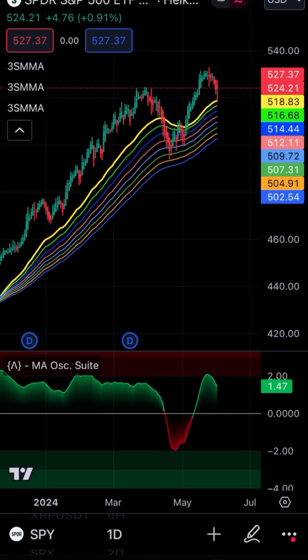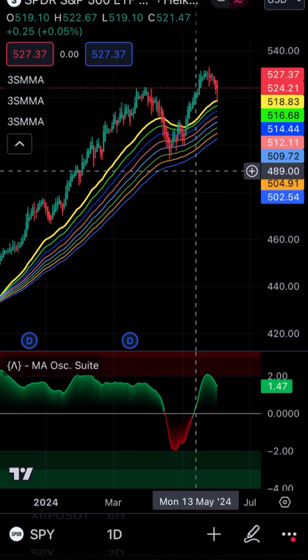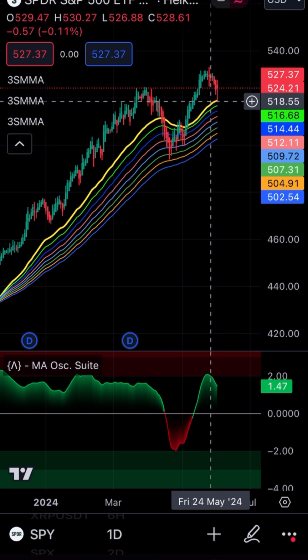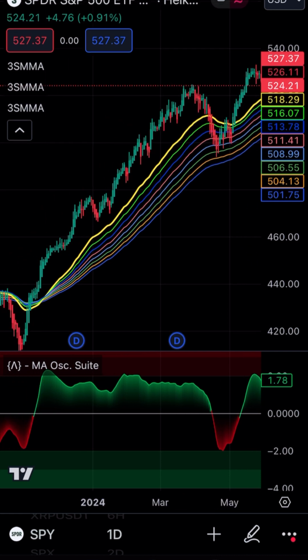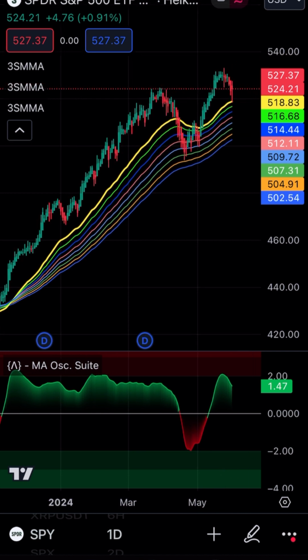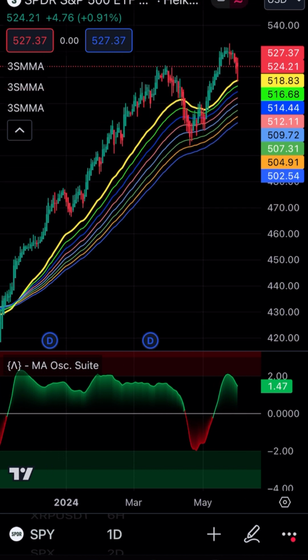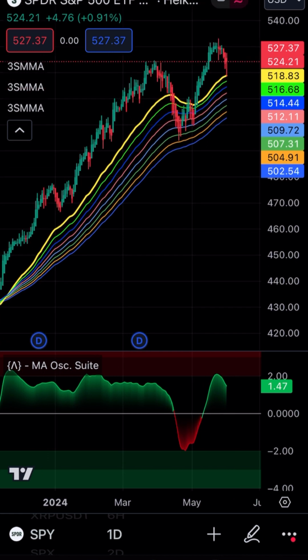You'll make more when you're going with the trend than when you're against it. It's like right now with SPY going down, it's kind of retracing. So you basically got to catch it on all the moments where it's going in the direction that it's going. So this is a very easy strategy to find those moments.